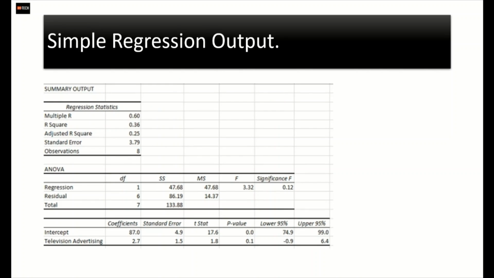So this is how the output looks for Excel. In this output, this is what we're looking for. This is our b0, and this is our b1. Is that okay?